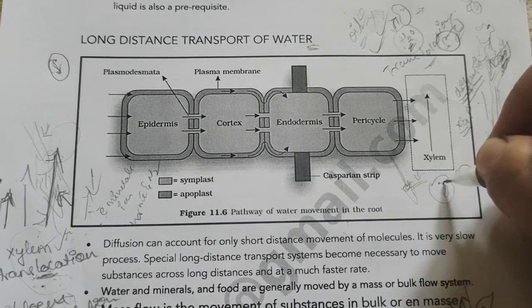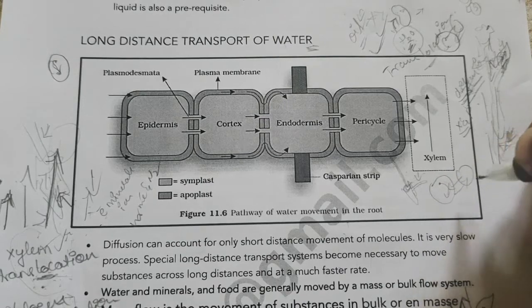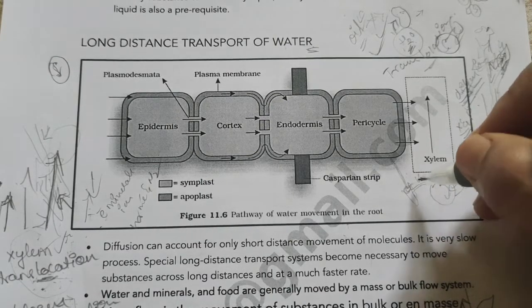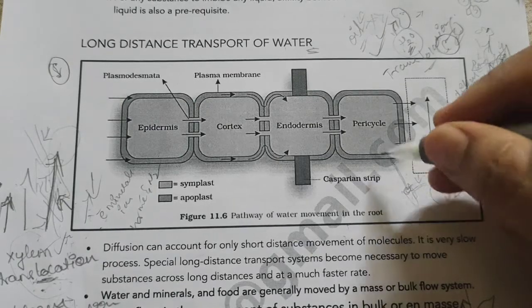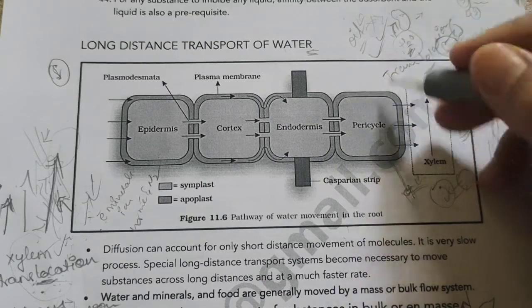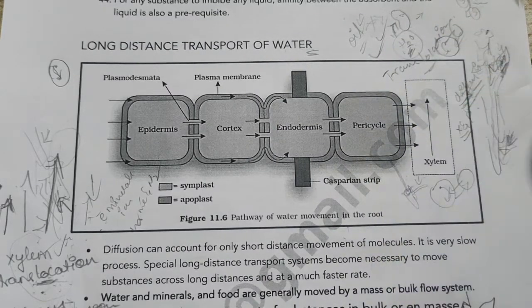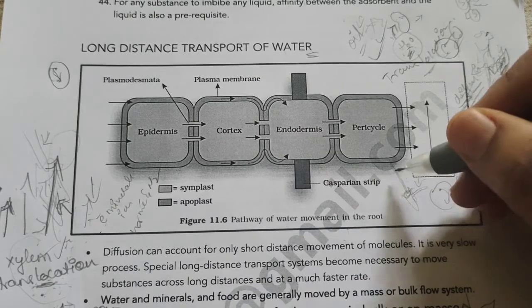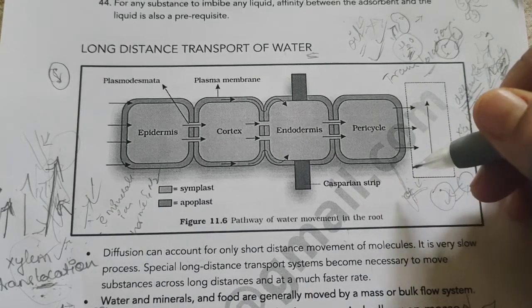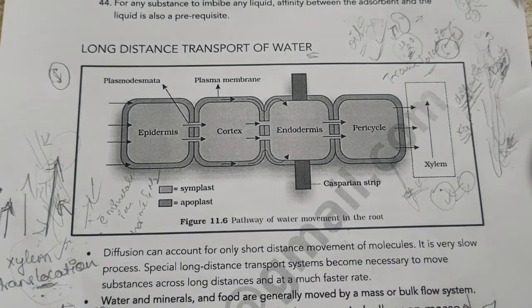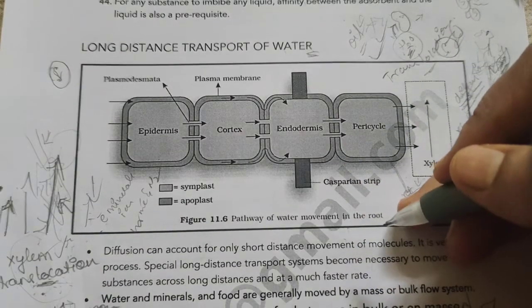That is, within the cell or in between the cells there might be an exchange of materials by diffusion. But if water has to translocate over longer distances, it occurs only through conducting tissues like xylem. So xylem is a water conducting tissue, and this absorbed water reaches the various parts of the plant body through the xylem tissue.